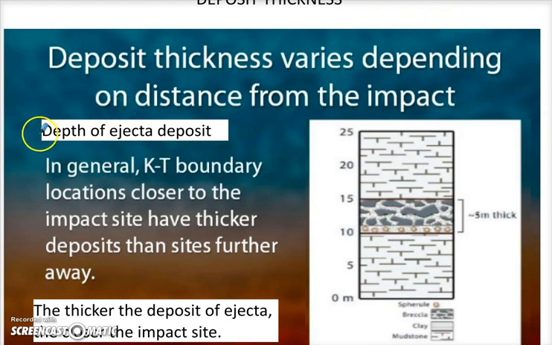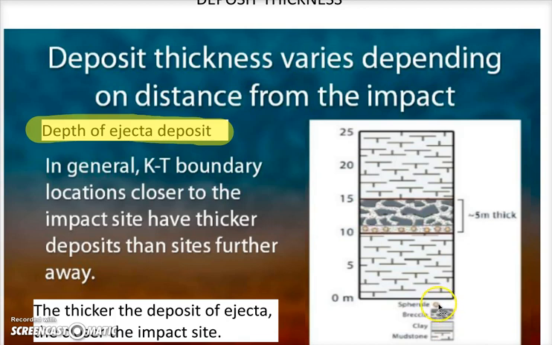Deposit thickness has everything to do with the depth of the ejected deposit. If the thickness of the deposit is measured, then we can tell whether it was close to the impact site or far away. When you look at this picture, you'll notice that this represents breccia.